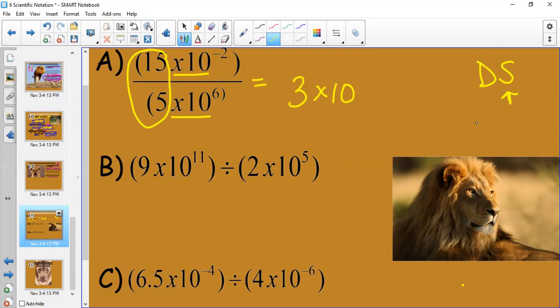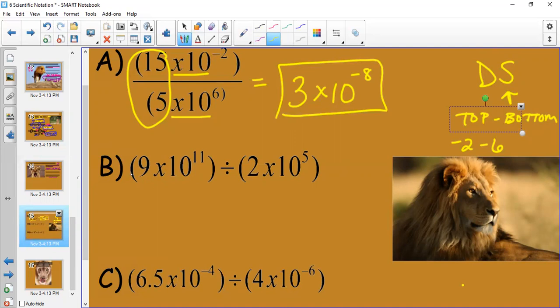Now be careful on this. The class today kind of got confused on the first one. When I subtract, I'm going to do top minus bottom. So I'm going to do -2 minus 6, which would give me -8. And that would be my answer on this first one.